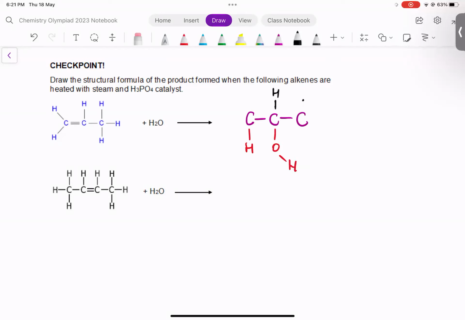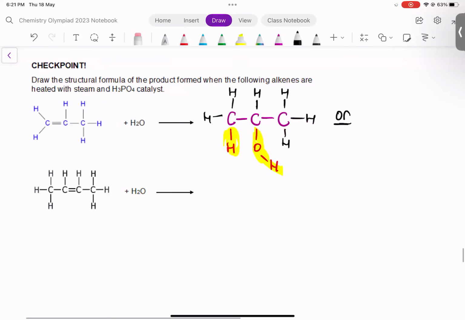This is one product. The H is at the end, the OH is at the carbon in the middle. This is one possibility. Or it could form this product, where the OH is at the end and the H is in the middle.